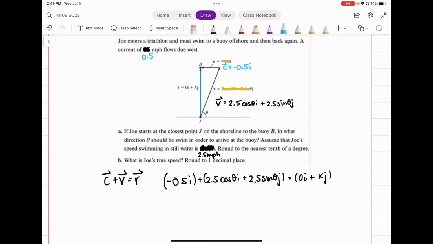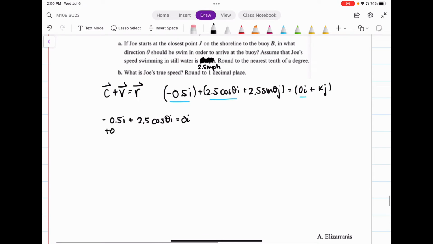But if I take the i components and set them equal to 0i because the sum must equal 0i, I can use that to solve for theta. That means that negative 0.5i plus 2.5 cosine theta i has to equal 0i.